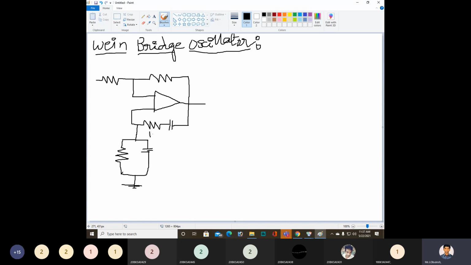This is the R1, C1, connected to the non-inverting input terminal of the op amp. This is the feedback resistor RF, this is the R1, this you need to connect to ground. Here you will get the output V0.